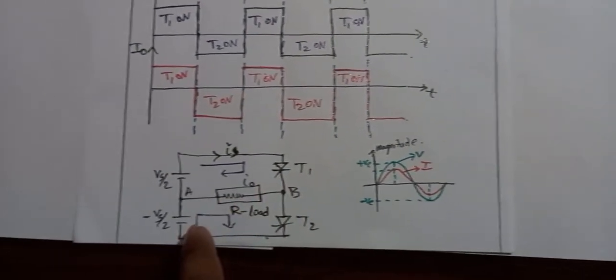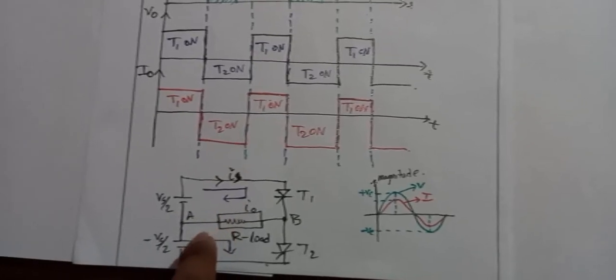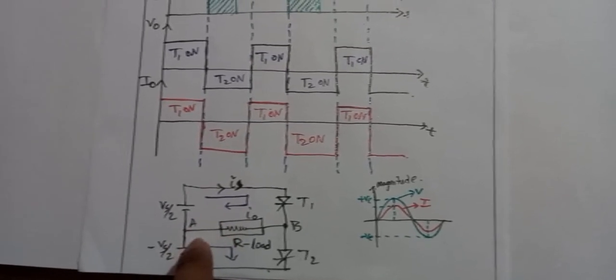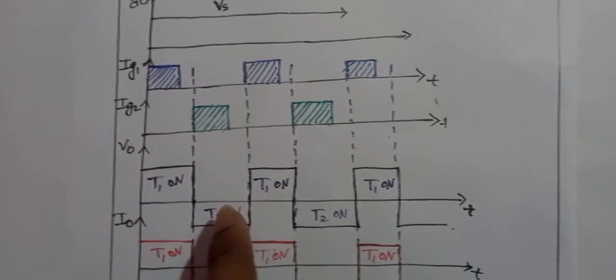At that condition the current flows through the load from A to B. Compared to the previous condition, the flow of current is now in the reverse direction, which means it is negative.